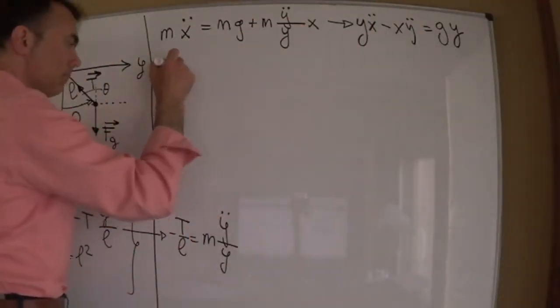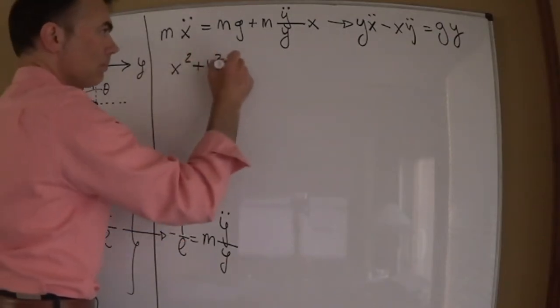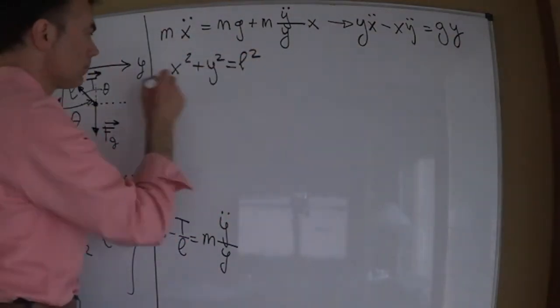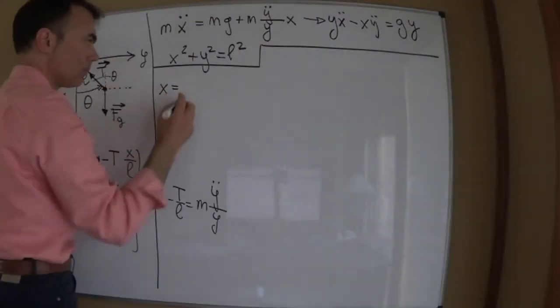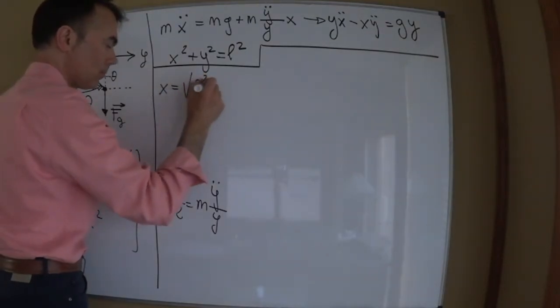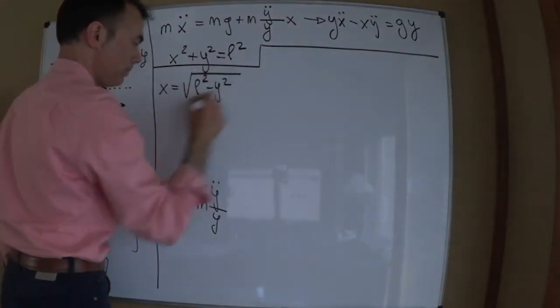And use the constraint equation to write one equation in terms of, let's say, x. We write that y is the square root of L squared minus x squared.